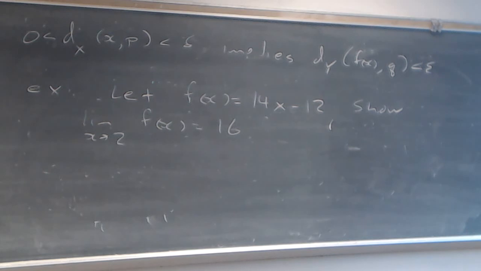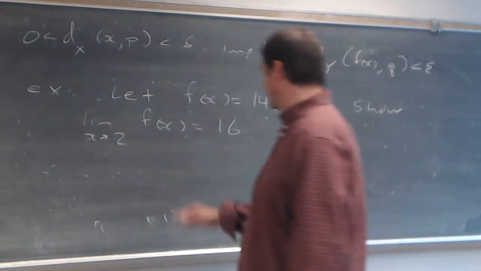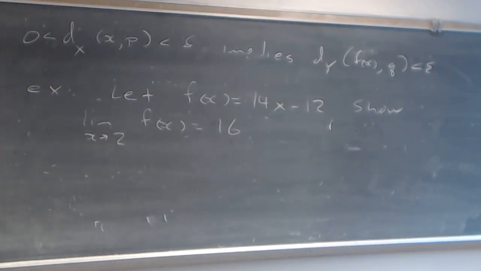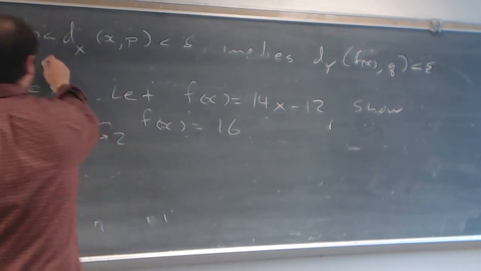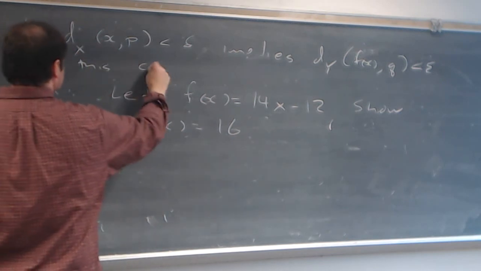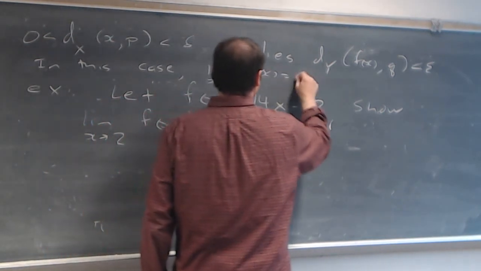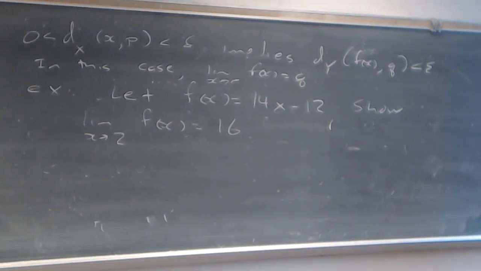This is the Q, this is the P. I miswrote something: in this case, the limit as x goes to P of f(x) equals Q. I should have added that, it's part of the definition. We're defining a limit, and we want to show this.